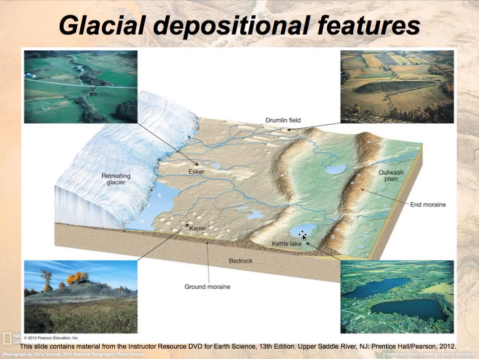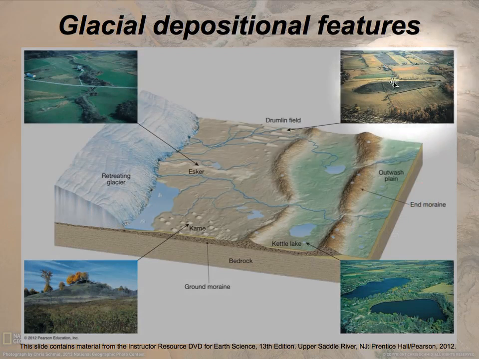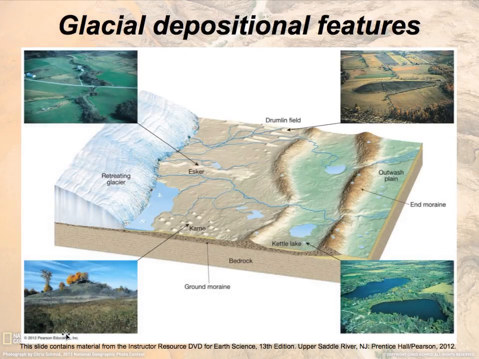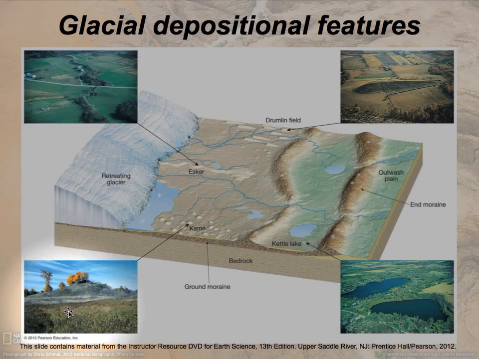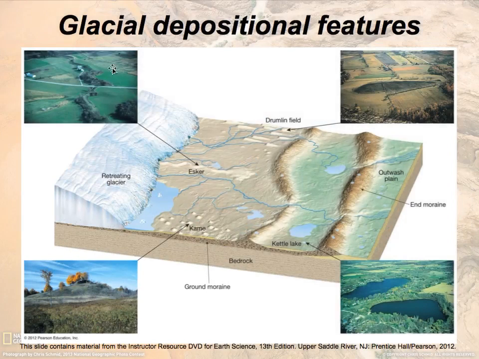Drumlins are a type of lateral moraine caused by dragging material, and this is a picture of an actual drumlin. It's a really interesting shape. Ice drags material and leaves it in that characteristic pattern. Kames are areas of scoured and eroded bedrock that remain on the surface. And eskers are outwash features.